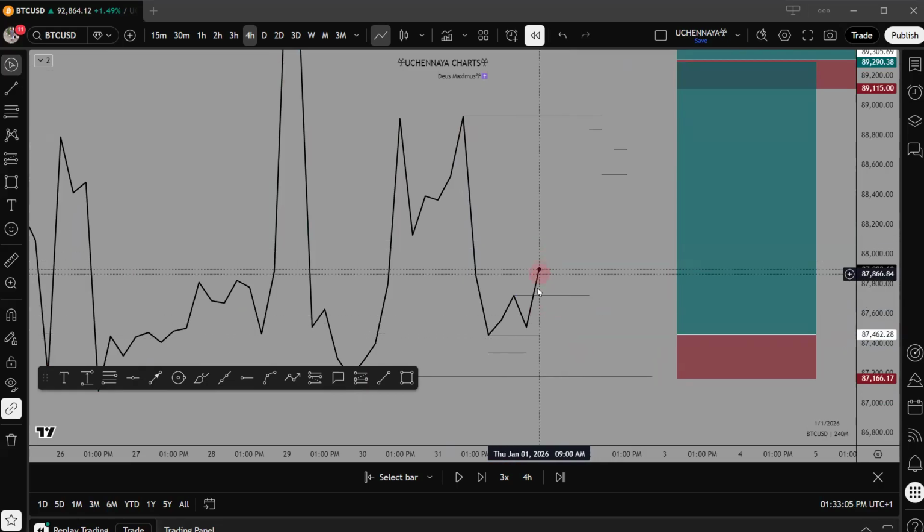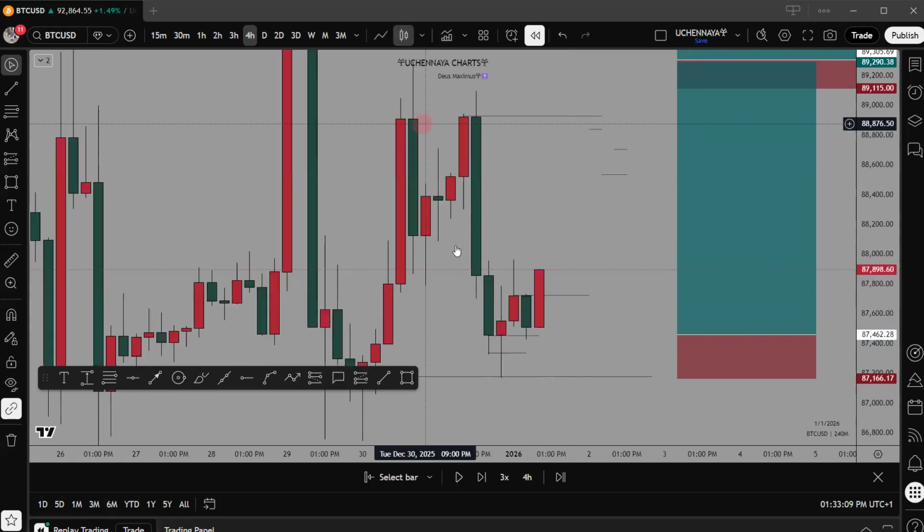It's an RBS. The resistance becomes support. We already have first entry here. Now we have H4 breakout. What do you want to see? See your entry. Where is your target?